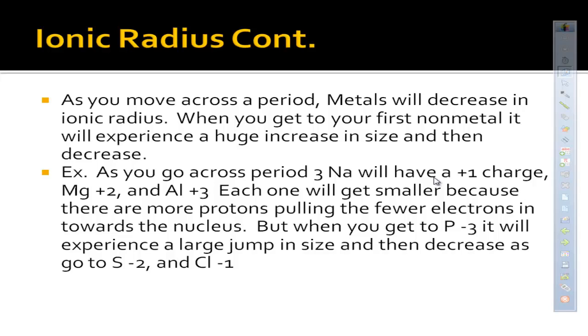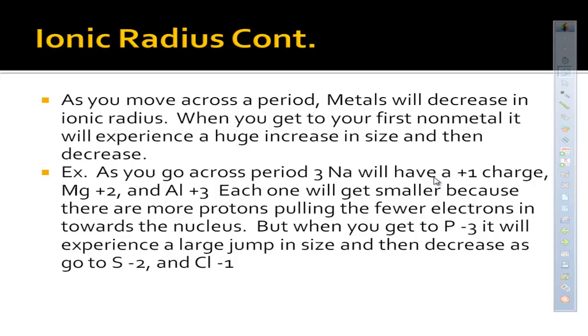Just think of tug of war, okay? If you have 2 teams equal in size, protons and electrons are equal, basically you'll be at a stalemate. But if I add one more person to a side, that side has more pull, so they can pull them over easier. Now magnesium's +2. Put 2 more people on one side.